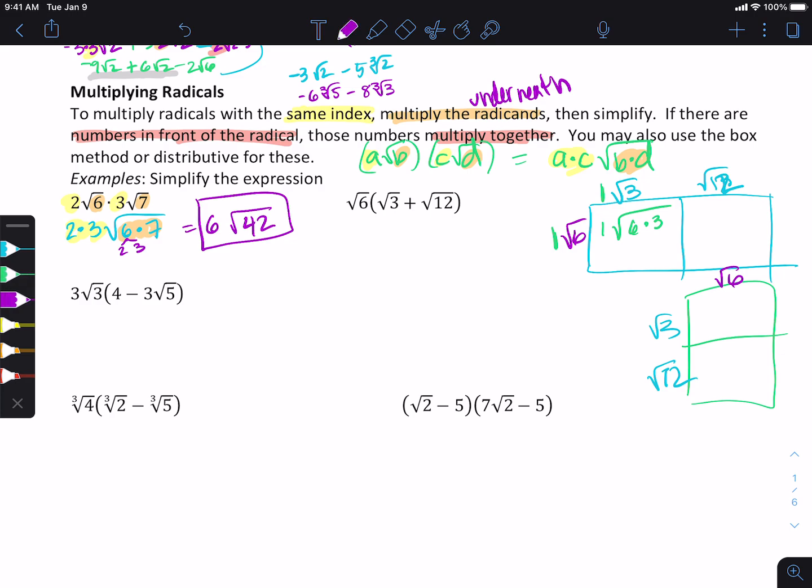In my second box that we have, this also has an unsaid 1 out in front, so we're going to do 1 times the 1, which is 1. And then we're going to have underneath the root, we have the 6 times the 12, so we can just write that. Now, you could multiply the 6 times the 12, but I'm just going to have to break it down when I'm simplifying my radicals.